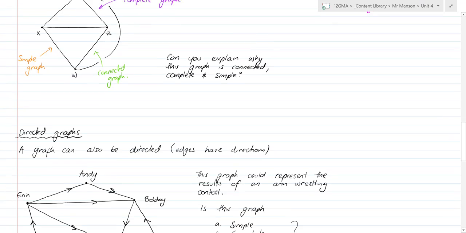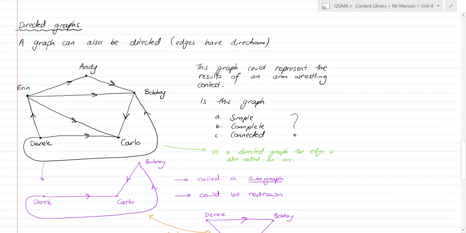And lastly, directed graphs. So you could take this a little bit further, and I've done this example because it's actually an example I've just done with my specialist maths students who are doing some work on matrices and applications of matrices. You could have directed edges and it could mean something else.